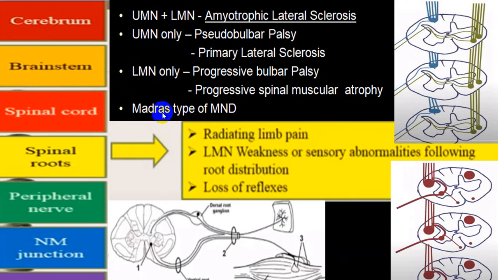So in a case of spinal root involvement, you will have a radiating pain, and always a lower motor neuron type of involvement as far as the motor part is concerned, and you will have sensory findings on the side of the damage and in the root distribution. Depending upon the root involved, you will have a loss of reflexes, whether deep tendon reflex or superficial reflex.